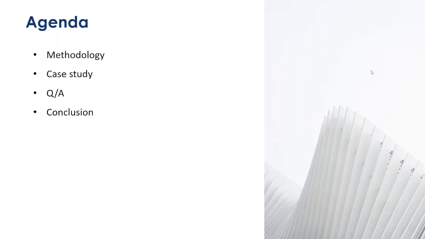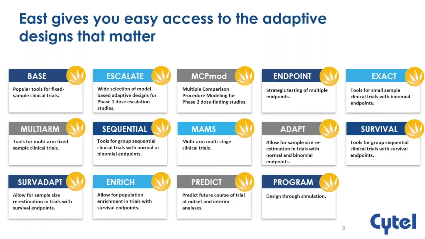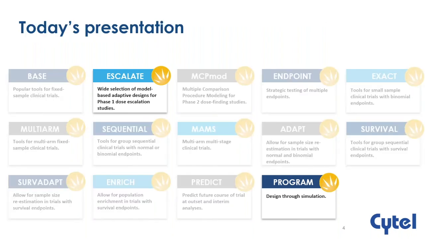So with that, let me start with a brief introduction of the topics that we're going to be covering today. As you probably already know, EAST is modular, so there are different modules that will allow you to deal with different types of trials for different types of endpoints, different phases. And today we're going to be picking up 2 of these modules.